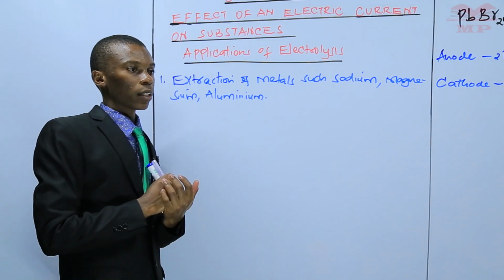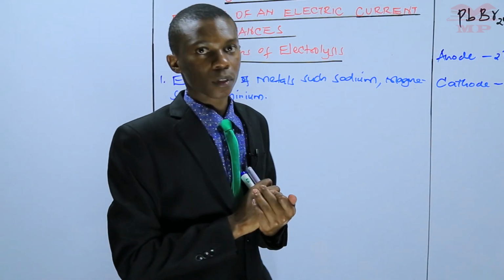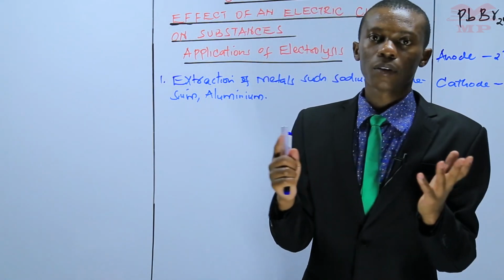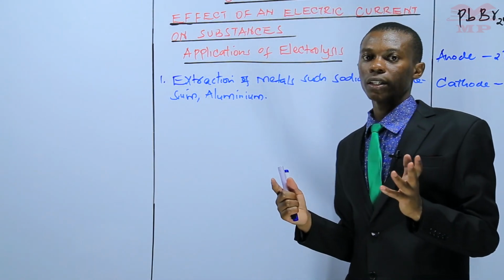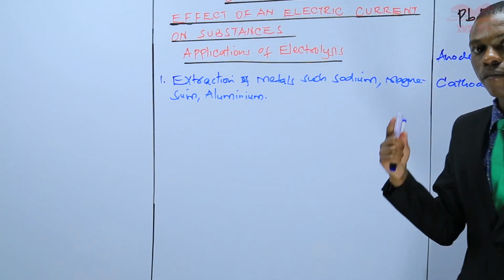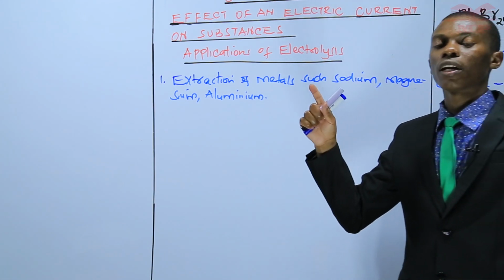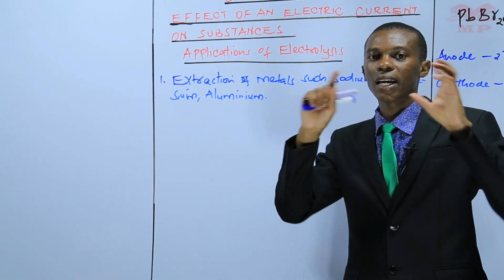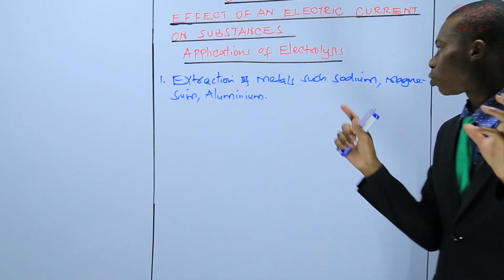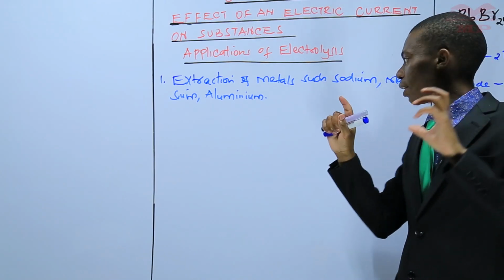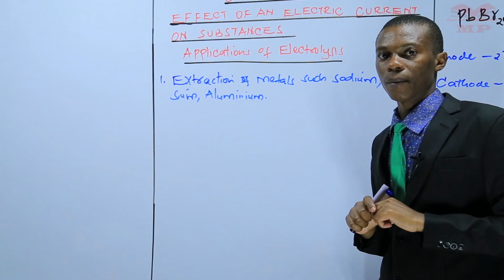For example, sodium, you extract sodium from sodium chloride because sodium is a very reactive element and it does not exist as a free element. Magnesium also does not exist as a free element, same to aluminium.